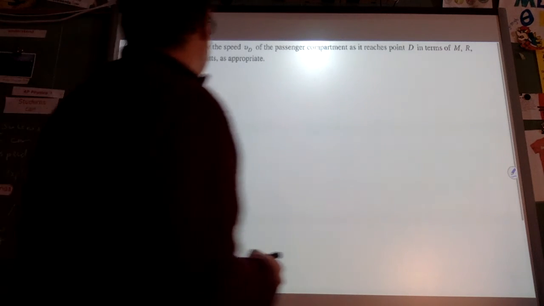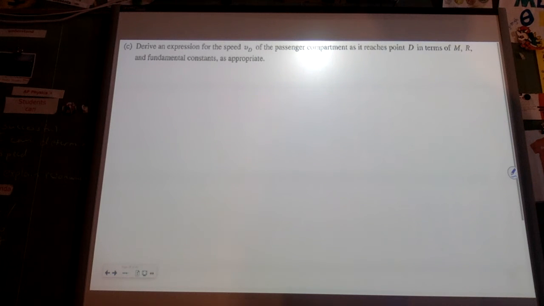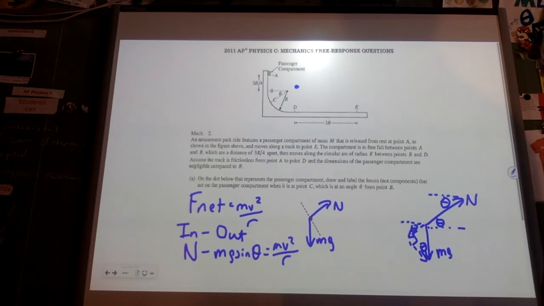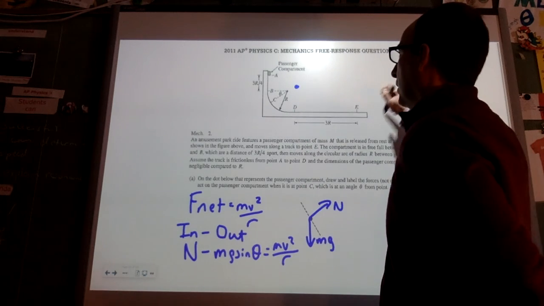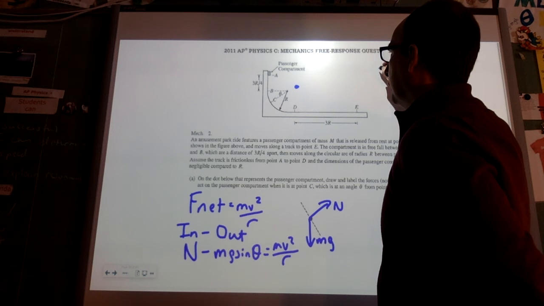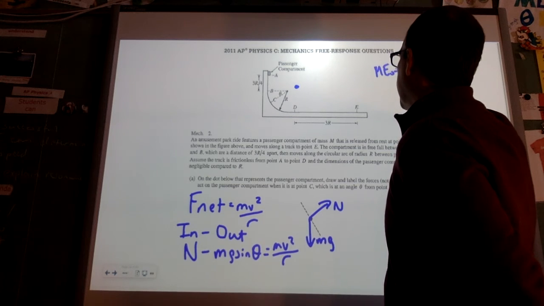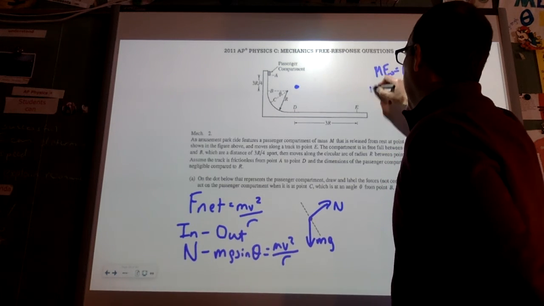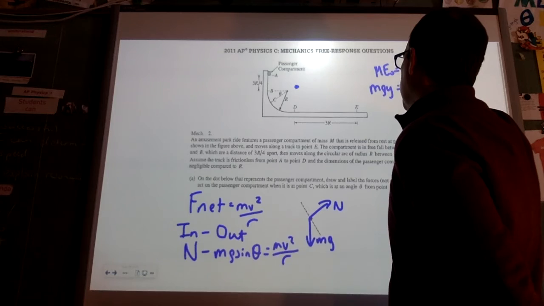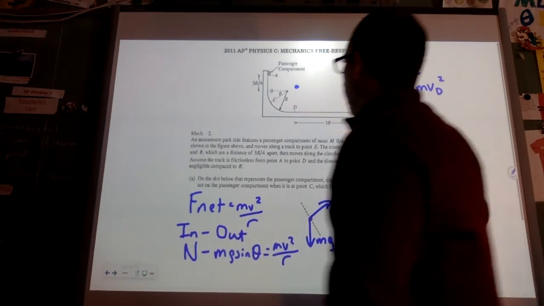Derive an expression for the speed VD of the passenger compartment as it reaches point D in terms of m, r, and fundamental constants. So D is down here. So I would say that energy is conserved. At the top, I would have potential. At the bottom, I would have kinetic.